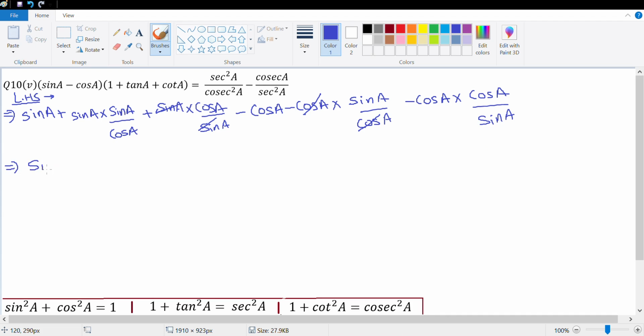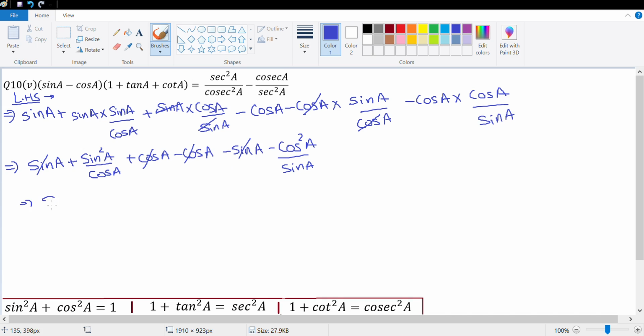This is sin A plus sin square A upon cos A plus cos A minus cos A, minus cos A minus sin A upon cos A. So this is minus cos A and this is minus sin A and this is minus cos square A upon sin A. Cos A and cos A get cancelled, negative sin A and sin A get cancelled.